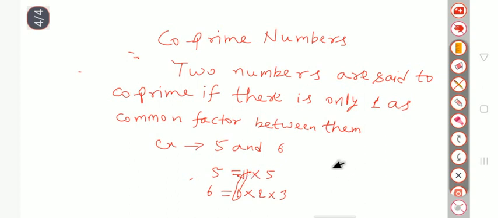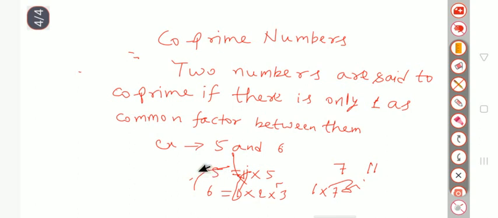Similarly, we can take it as 7 and 11. These are also coprime, because you can write 7 as 1 into 7 and 11 as, just 1 second, it is disturbing, we have to erase, I am erasing.